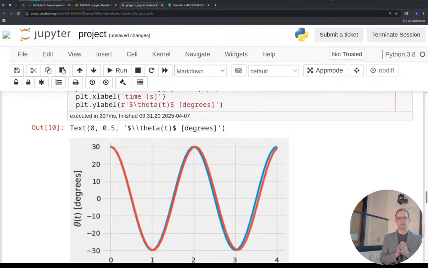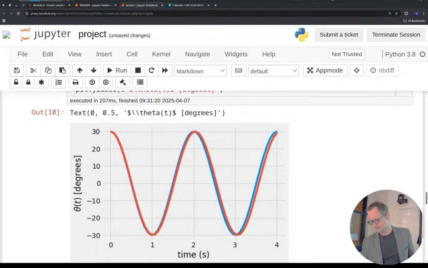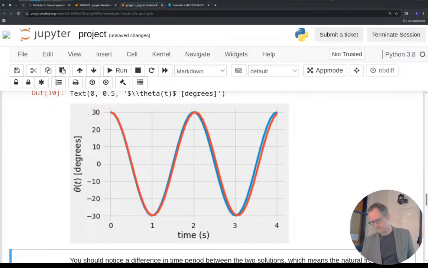There's still a slight difference in curvature, the rates of curvature of the two graphs. But they still have the same points at the bottom. It still starts at 30, and after 1 second, both of them are approximately at negative 30.